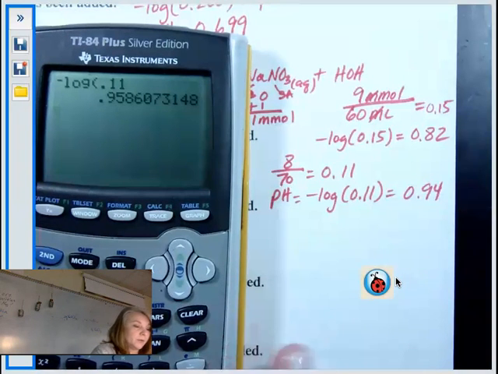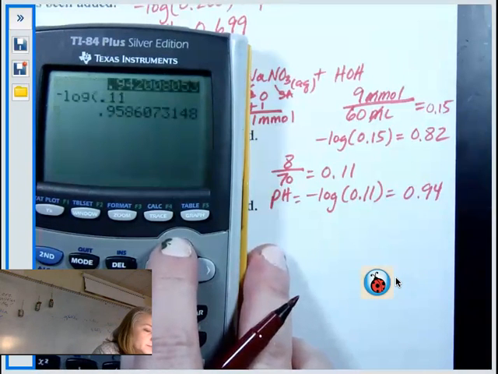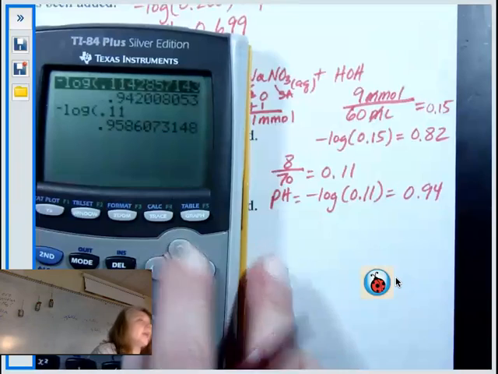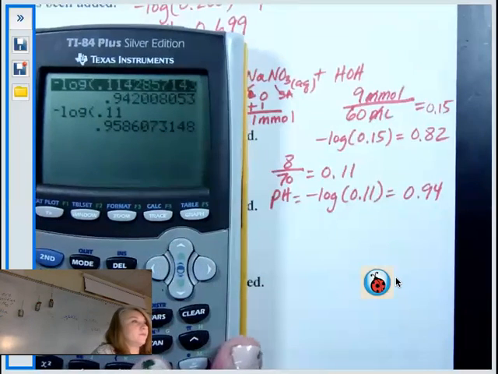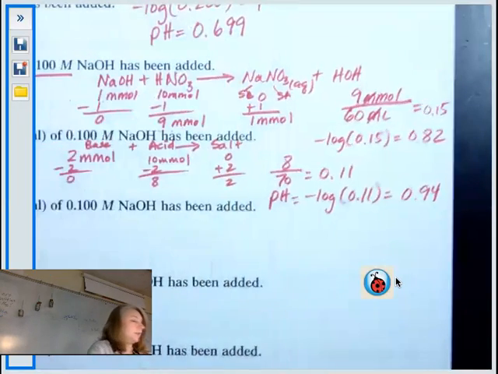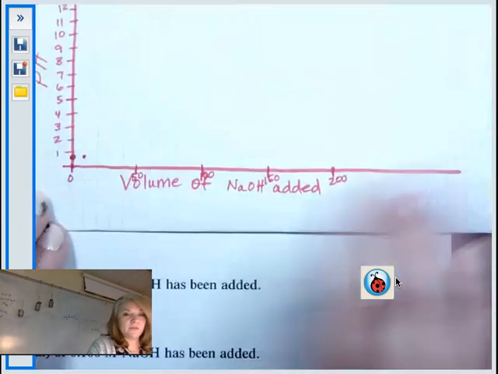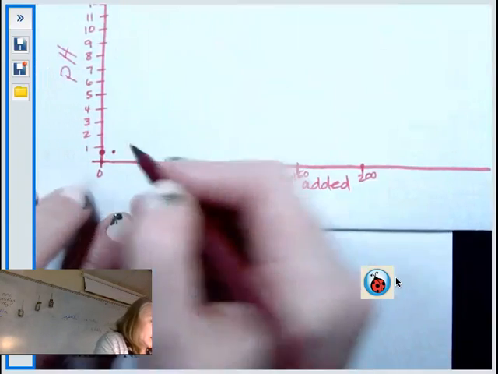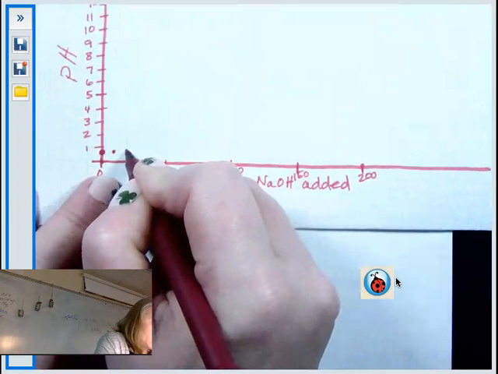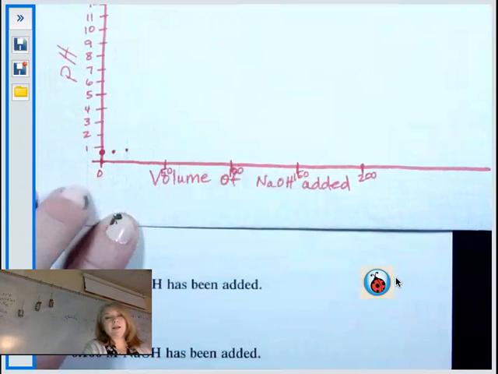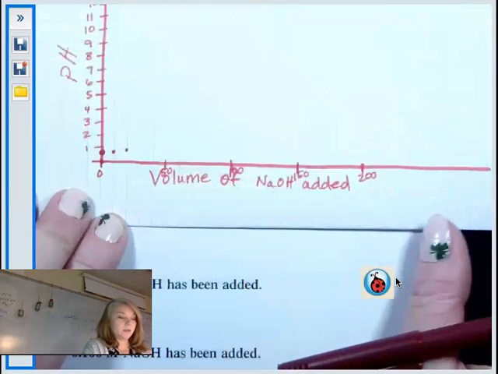If you use the number your calculator gave you, you got 0.94. Would you guys agree that it's probably not going to make much of a difference on our graph here? So we're just going up. We're almost to 1, but not quite there. 20 milliliters added. All right, can you guys do the next one by yourselves?